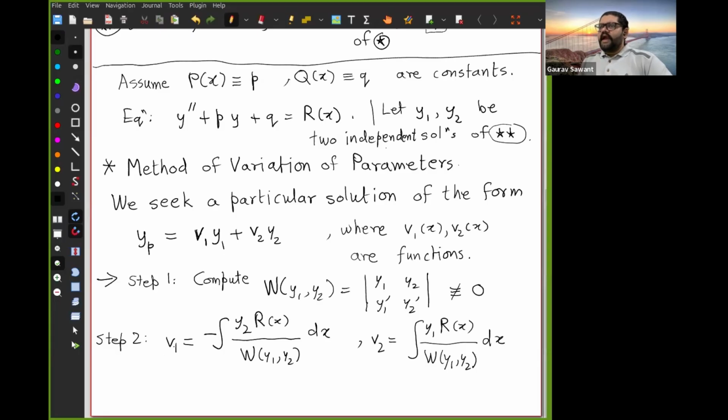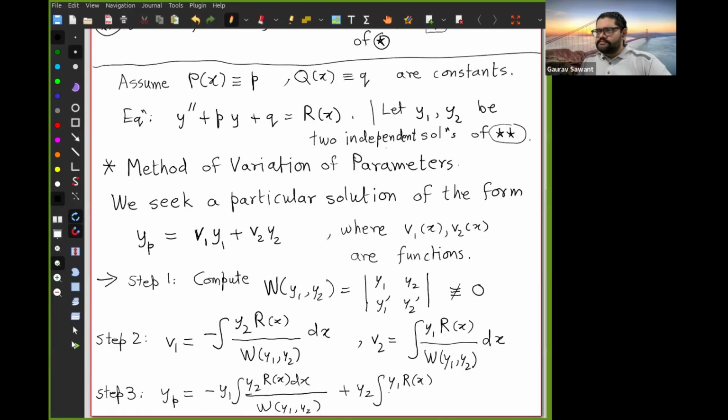Okay, and once you have that, you get the particular solution as yp equal to minus y1 times the integral of y2 r(x) dx over W(y1, y2) plus y2 times the integral of y1 r(x) over W(y1, y2) dx.